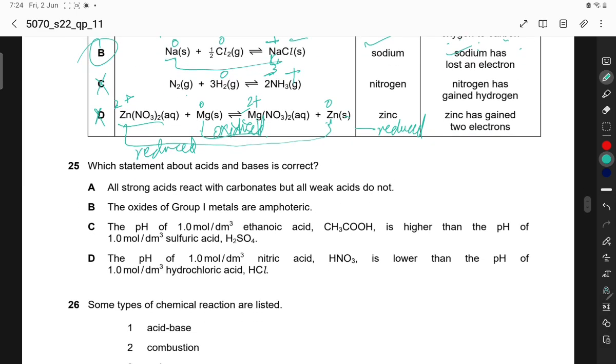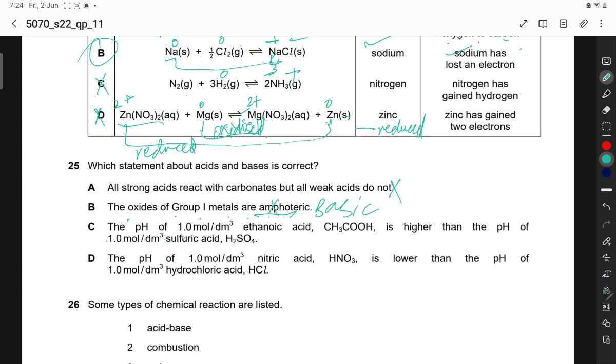Which statement about acids and bases is correct? All strong acids react with carbonates, but all weak acids do not. This is incorrect. Weak acids also react with carbonates. The oxides of group 1 metals are amphoteric? No, basic, so it is incorrect.